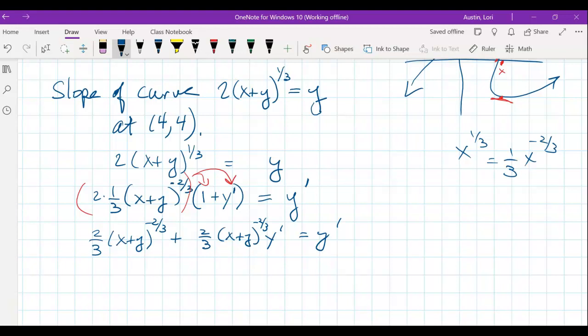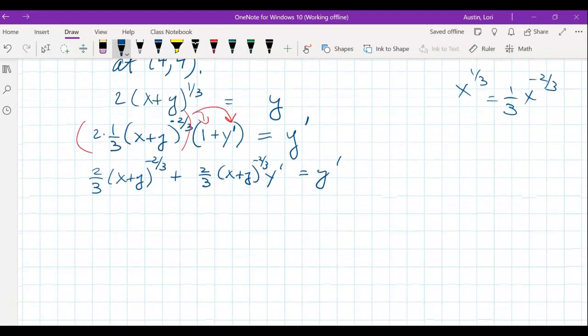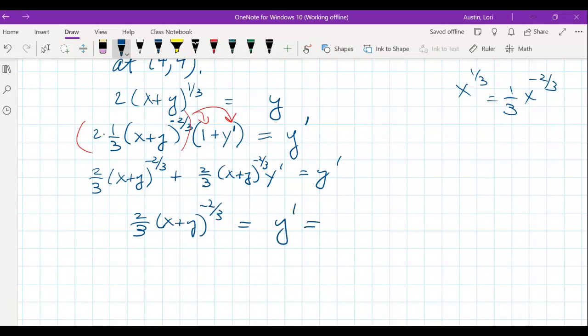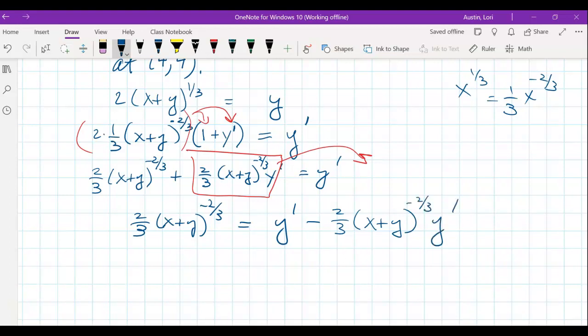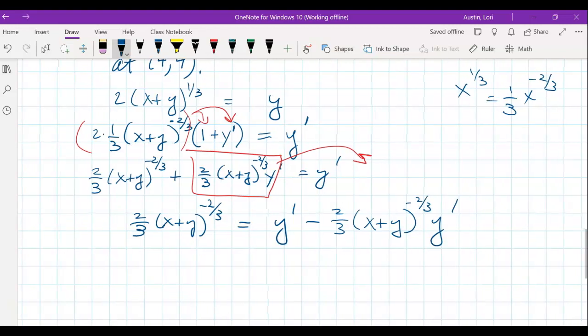let's go ahead and keep 2/3. Oops, not equal, sorry. Minus. We're going to move this whole piece over to that side of the equation. Okay, you're going to follow.